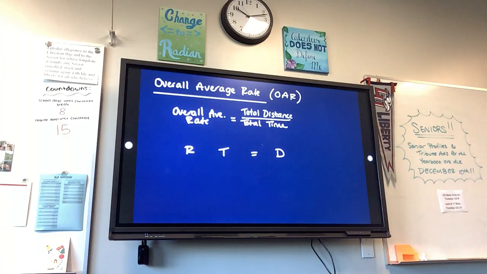Now that I give you the formula, does the formula follow and make sense? Do you see the d over t that's in there? Okay, so it's not random, doesn't come from nowhere. It does have a distinction. But the total is referring to how far did you go and how long did it take you to do it.